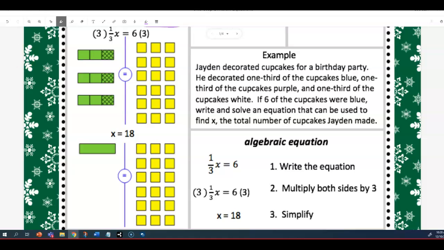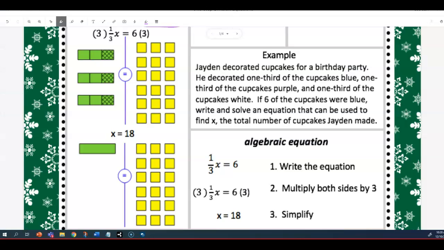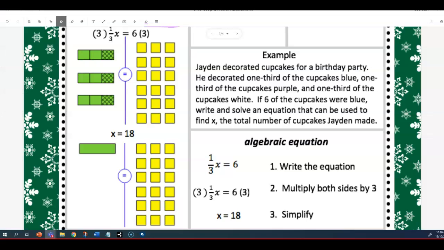So we are going to do a couple practice problems. Let me check Teams here real quick. Oh, I'm not sharing my screen? Hold on. Yeah, I'm sharing my screen.